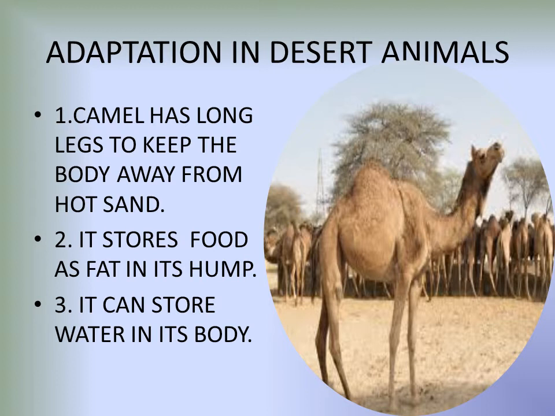They have long legs that help them prevent the heat of the sand. It stores food as fat in its hump, and it can store water in its body. Their skin is also developed in such a way that, due to evaporation, they lose very little water.